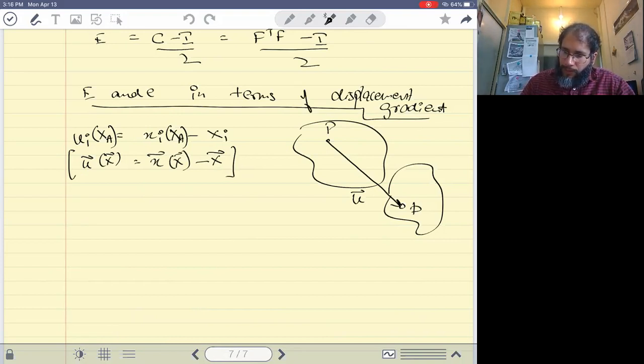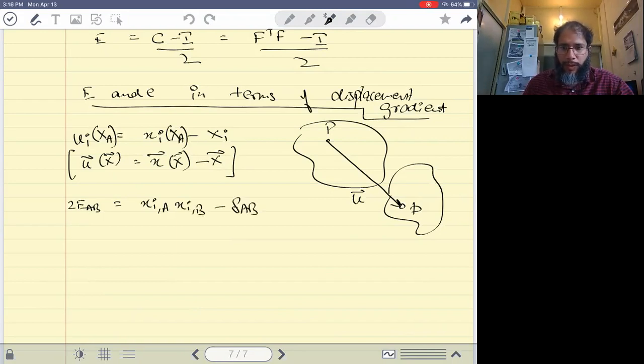Right, so let's use this to write twice of EAB, which was F transpose F minus delta. F transpose F is nothing but x i comma A, x i comma B minus delta.